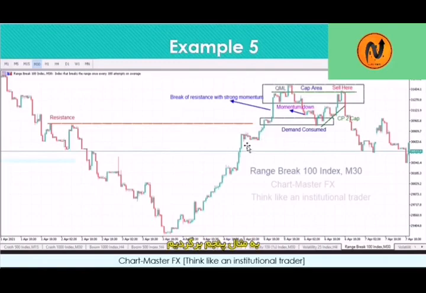So in this example number 5, as the base was created here, the price went up with great momentum, and we have our cap area here. You can see the price came down with some strong momentum down to this base, and this base was able to hold the price, and the price went up to the cap area.